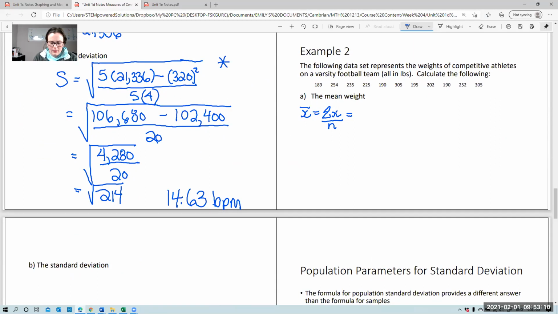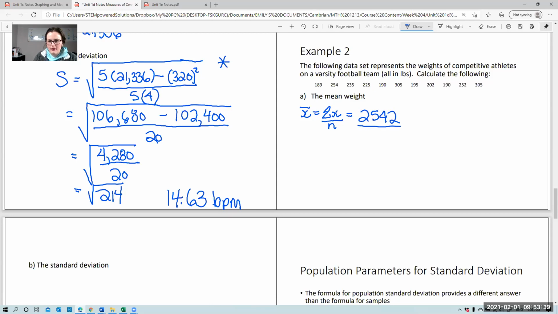So 189 plus 254 plus 235 plus 225 plus 190 plus 305 plus 195 plus 202 plus 190 plus 125 plus 305. So the entire 11 football players weigh 2,542 pounds.